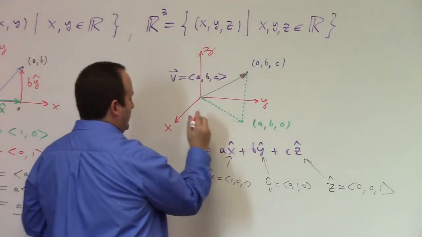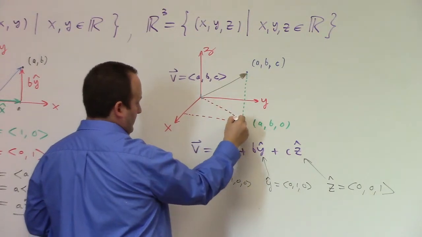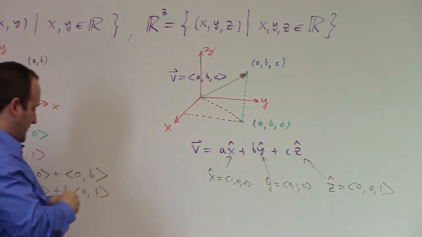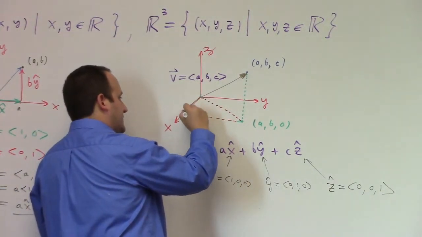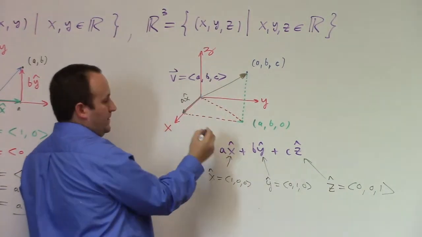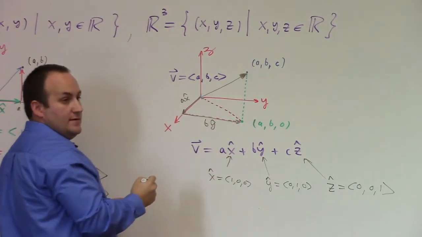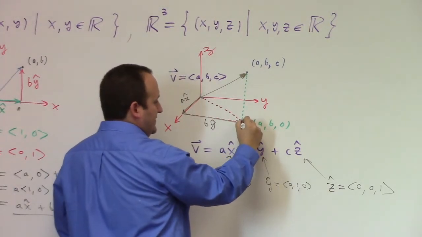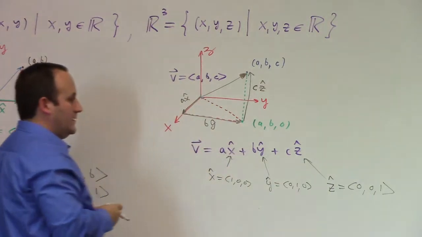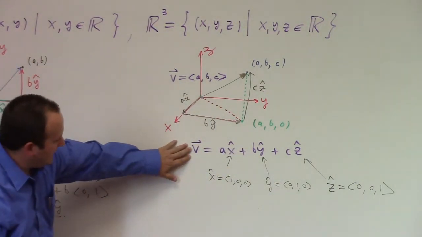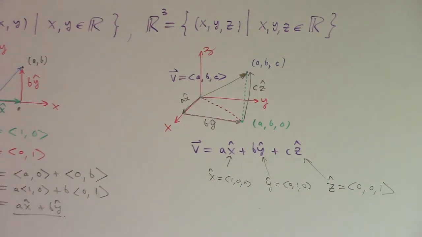The red dotted lines are in the xy plane, okay? Just to emphasize geometrically, a x-hat is like this. b y-hat is this guy. And finally, c z-hat is this character right here. Again, this is a resolution of the vector v into its Cartesian vector components. What are the Cartesian scalar components here?